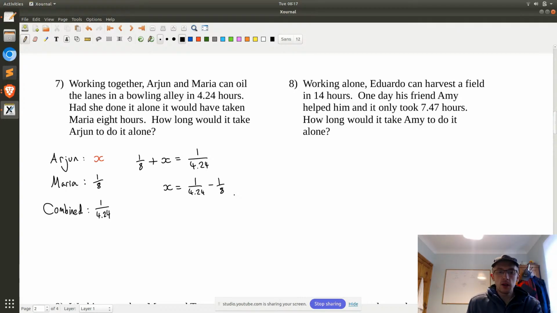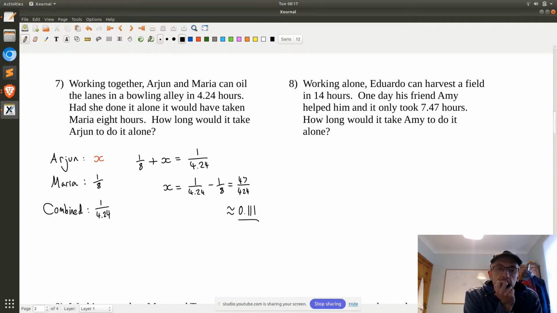We get 47/424. Which approximately is 0.111 to the nearest thousandth.